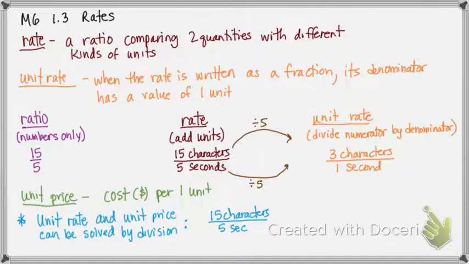But what I could have done, instead of looking for the greatest common factor, it would be whatever the denominator was, I could simply just do long division. 5 goes into 15 3 times with no remainder. And then I would say 3 characters. So I take that quotient per, and then since I'm dividing both of them, it would be 1 always in the denominator. So both unit rate and unit price can work that way.